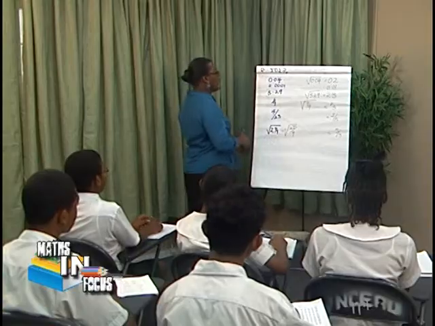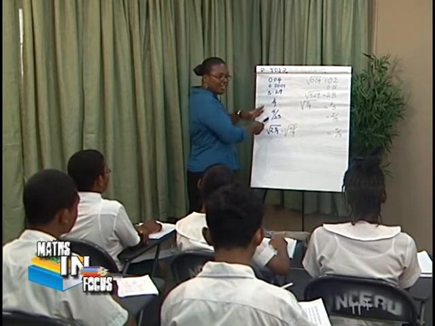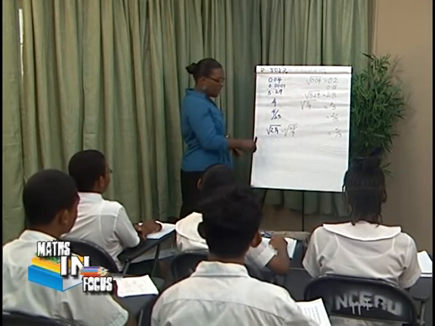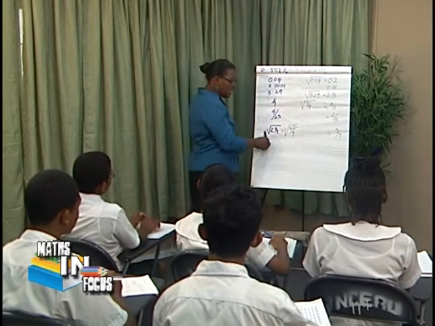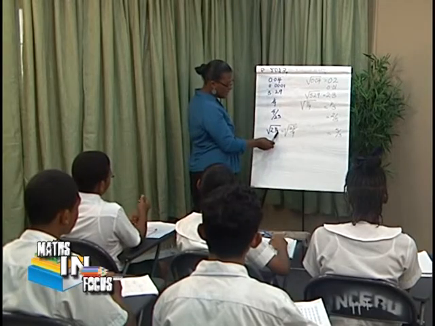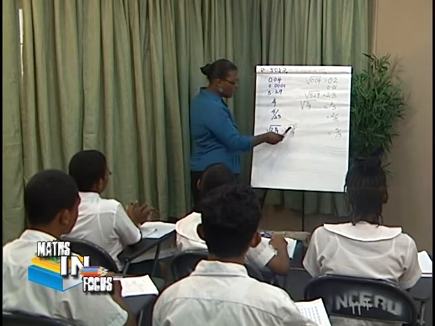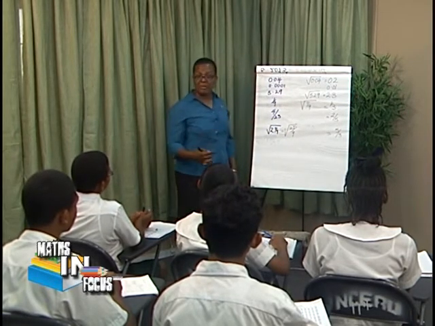Good. Now we found the square root of wholes, then we tried some decimals, mixed, fractional. Now let's try this mixed number. We have 2 7/9. Before we attempt to find the square root, we change 2 7/9 to an improper fraction. 2 9s are 18, and add 7, we have 25/9. And the answer is 5/3.